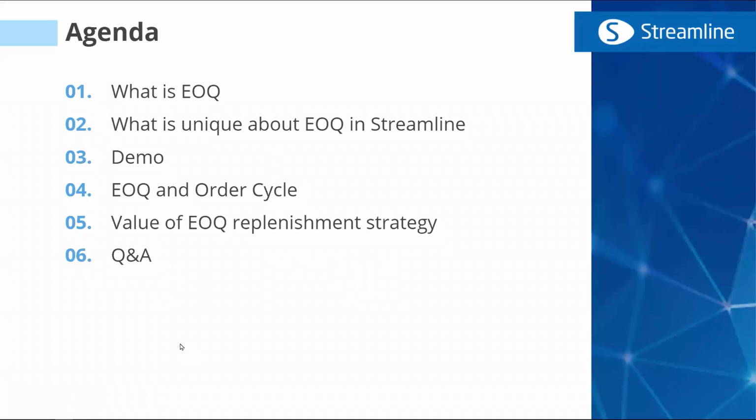I'll quickly demo the feature in Streamline. Then we'll go through the differences between EOQ and order cycle, and how these two concepts complement each other. As a conclusion, we'll speak about the value of EOQ for a number of replenishment strategies, and then we will have a Q&A session.